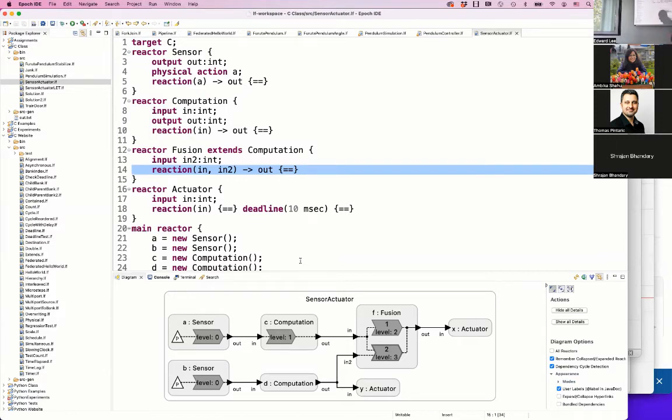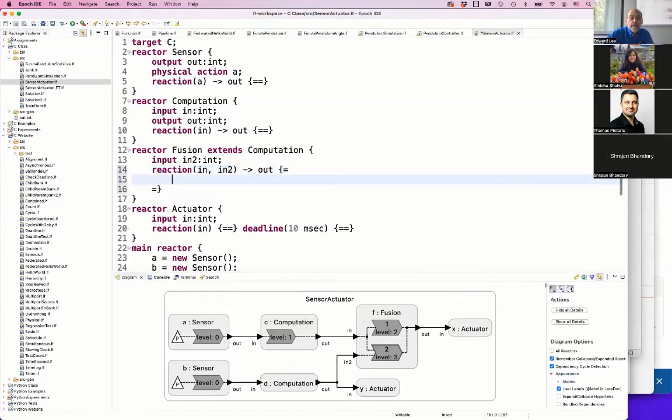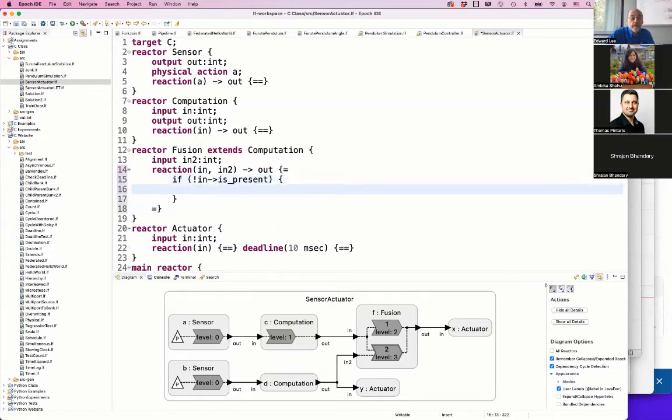Yes, and you can do that as follows. So, for example, here I can say if in is not present, oops, then set the output to something.